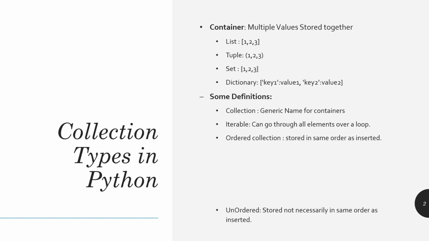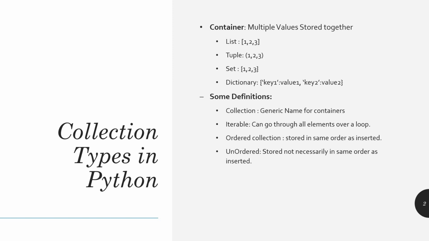Now comes the unordered collection. When you insert elements in a certain order, but ultimately they are not stored in the same order, they are stored as per their own rules, then you don't know in which order they will come out. Such a collection is known as an unordered collection. In simple terms, unordered collections are those where values are not necessarily stored in the same order as they were inserted.